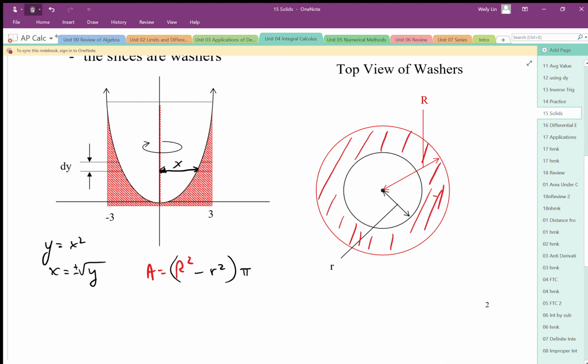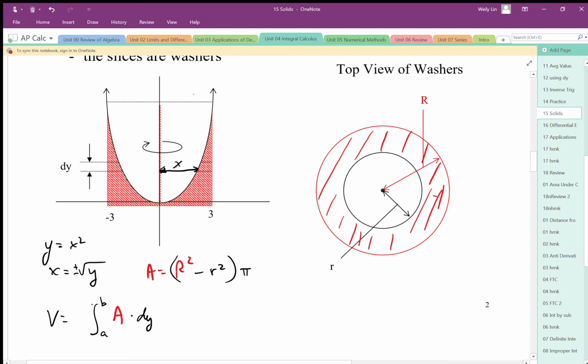And when we want to find out the volume of that, we want to know the volume from a to b of the area times dy. Okay, that's going to give us volume pieces, and we're going to sum up those volume pieces.